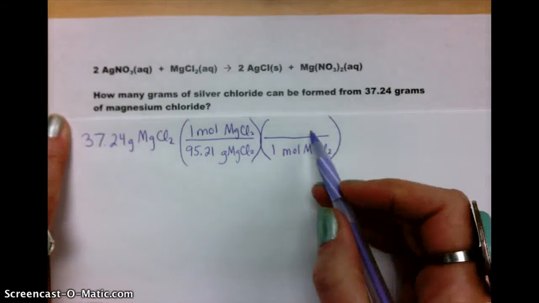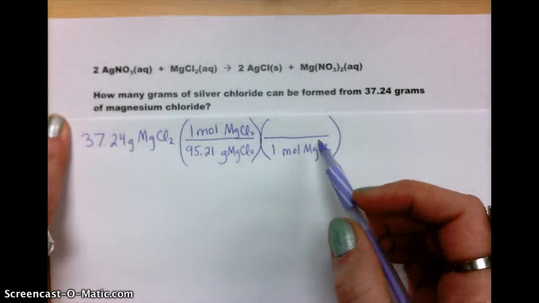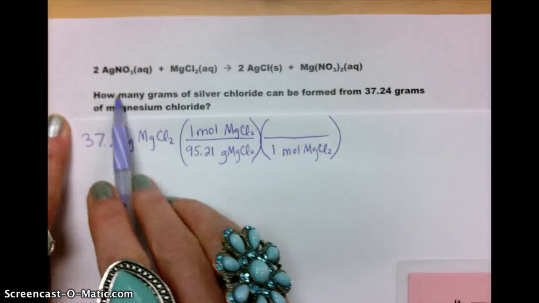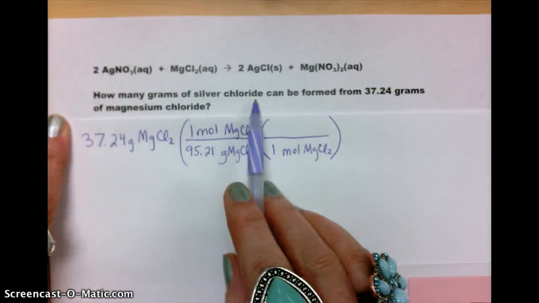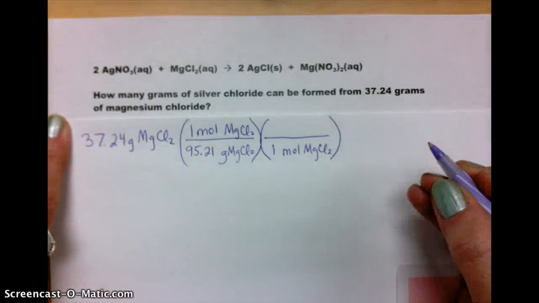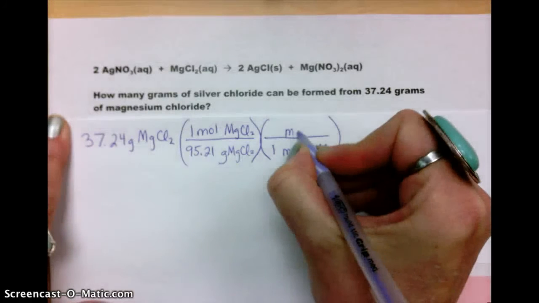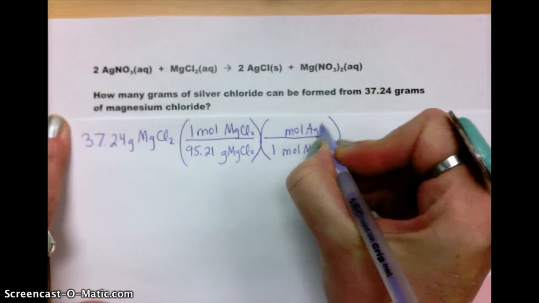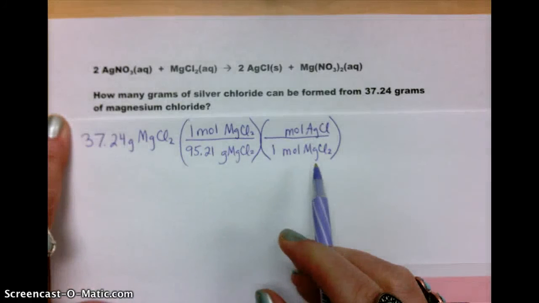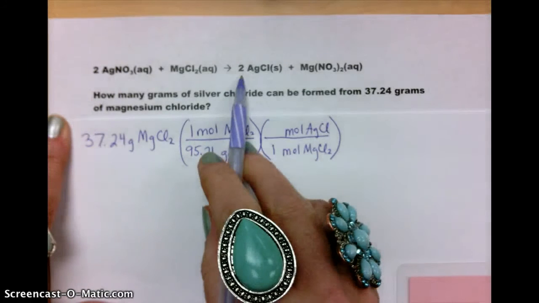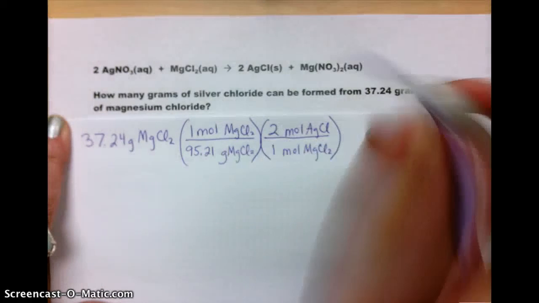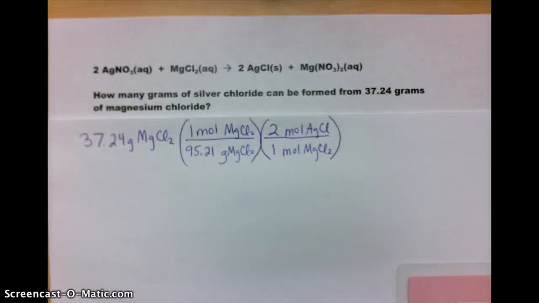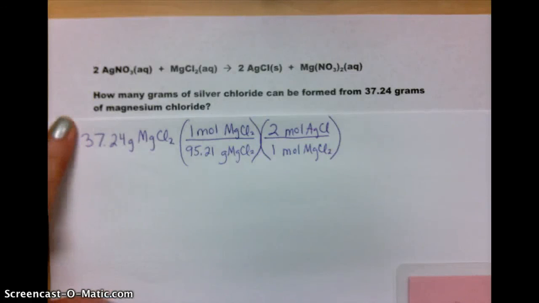What goes on top? Well, that would be the chemical I'm finding. I am finding how many grams of silver chloride. So a mole of silver chloride must be on top. So moles of AgCl. How many AgCls are in the balanced reaction? There are 2 moles. And that is our mole ratio step. 2 moles of AgCl over 1 mole of MgCl2.